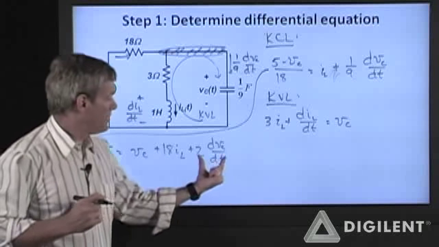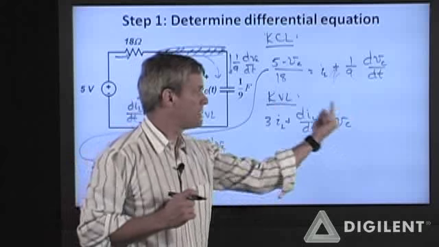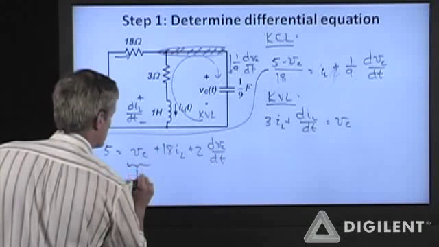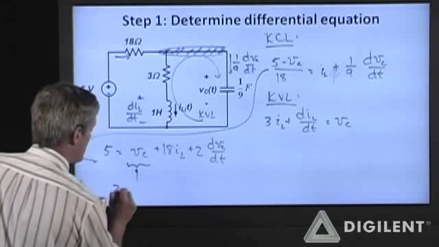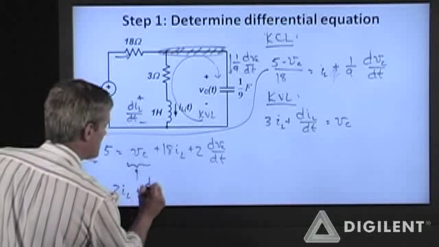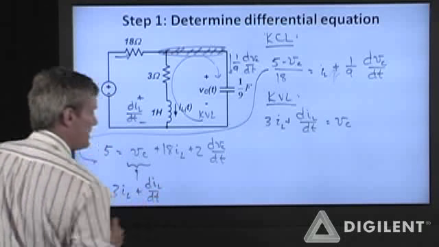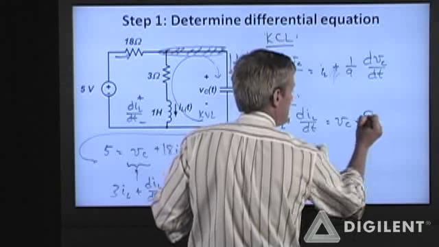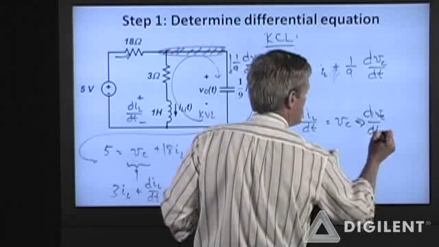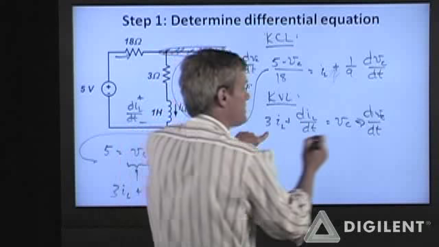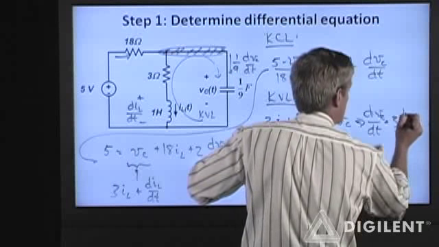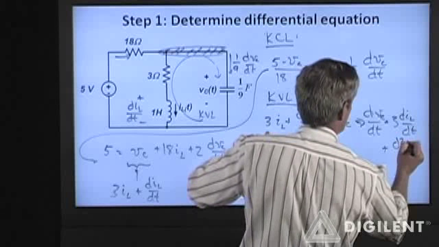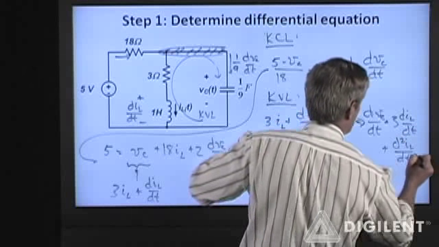Now I can eliminate Vc by substituting in from this expression. So Vc here is 3 I sub L plus dIL by dt. If this is Vc, then dVc by dt is just the derivative of this, which is 3 dIL by dt plus d squared IL by dt squared.